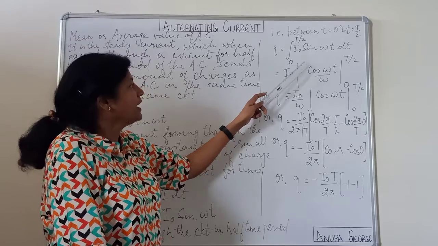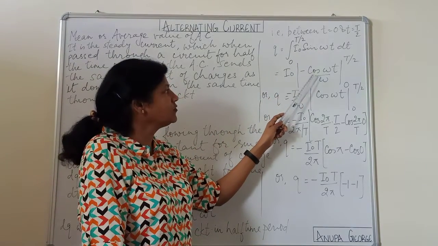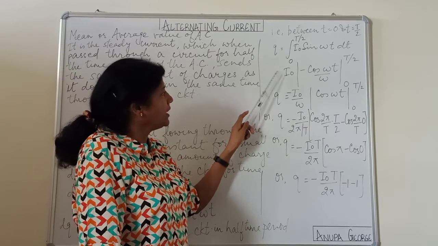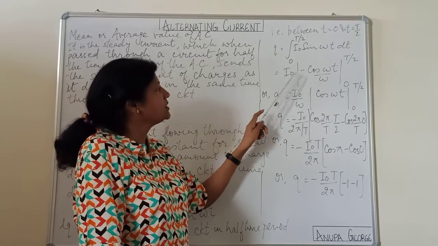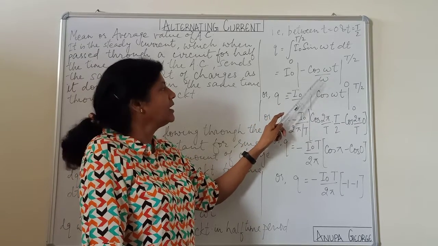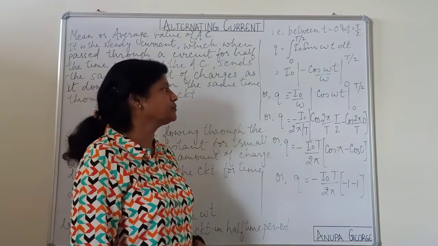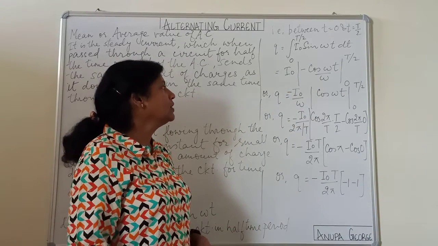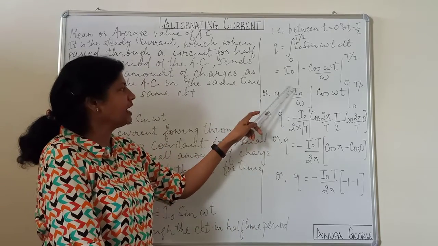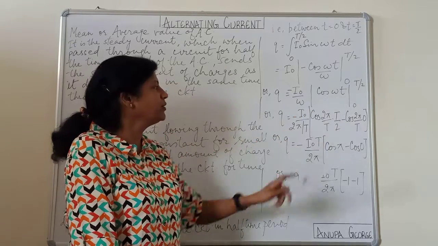Now the integration of sine omega t will be minus cos omega t upon omega. So it will be I naught into minus cos omega t upon omega, with limits 0 to T by 2.